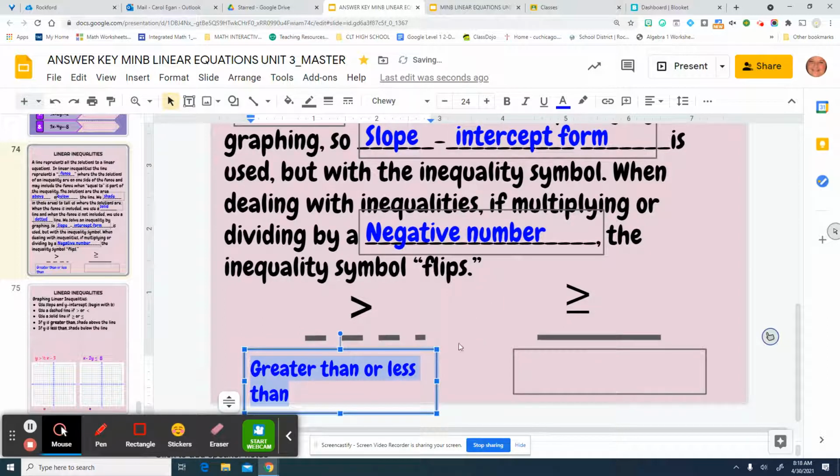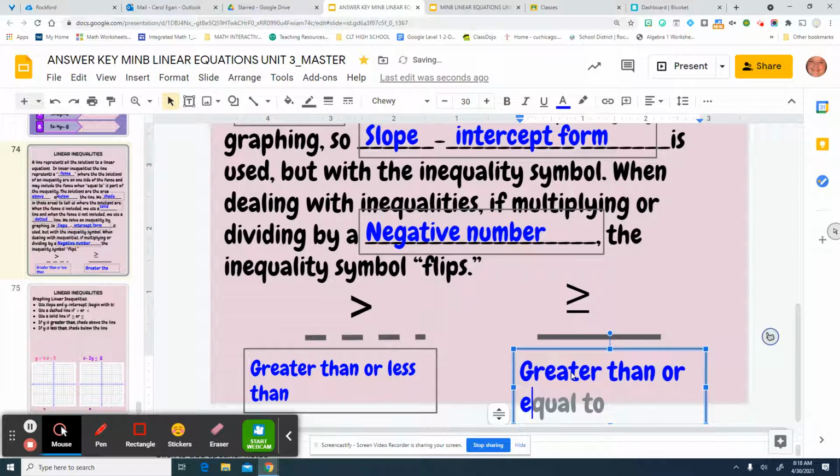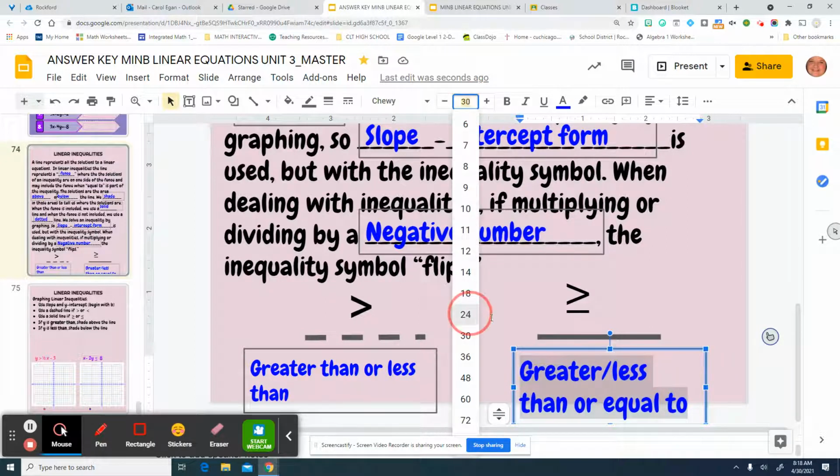And this is going to represent the difference, this line below. And sometimes you see it actually represented as an equal sign. That's when we know that represents the equal to part as well.